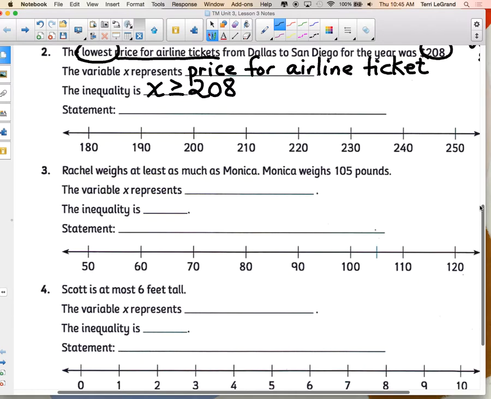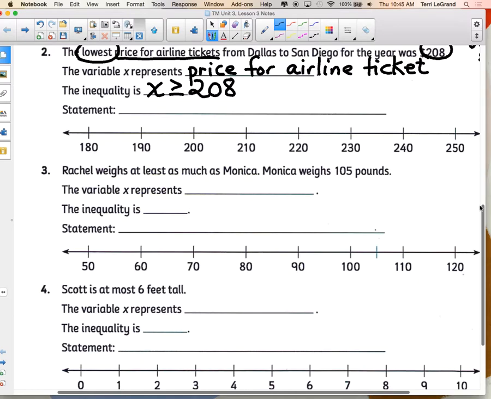So now we have to make a tick mark for that 208. So where's 208 going to be? Harley? Between which two tick marks, first of all? 200. Okay, so between 200 and 210, which one is it closer to?